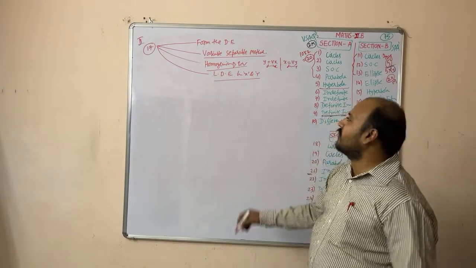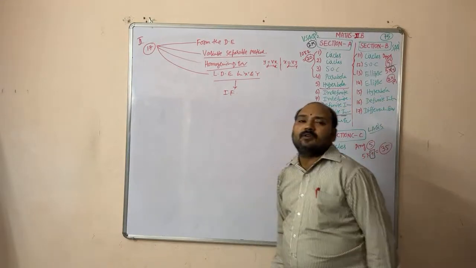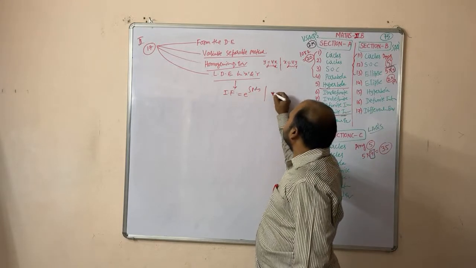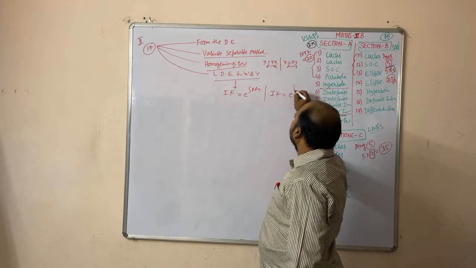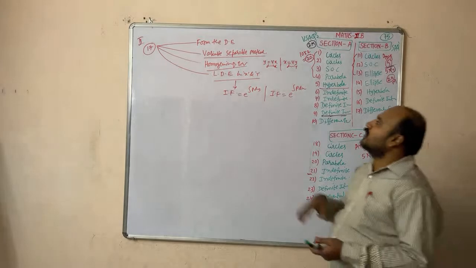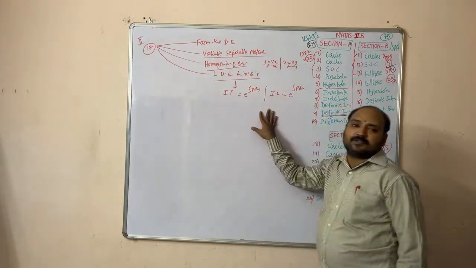Y into integrating factors and all you can calculate here. Integrating factors: e power integral p dy, e power integral p dx. So these are the possibilities of linear differential equations, dear students.